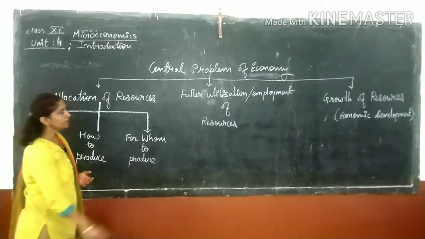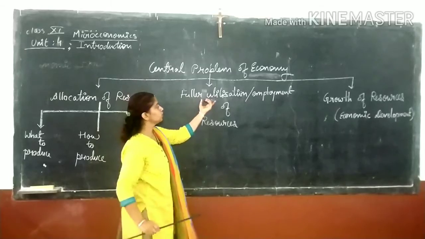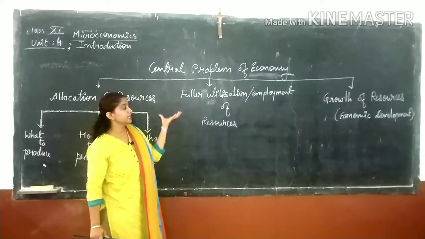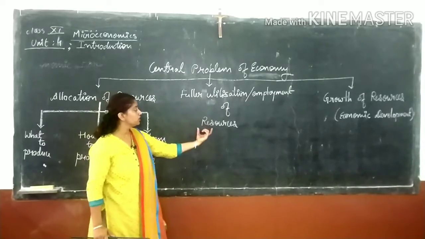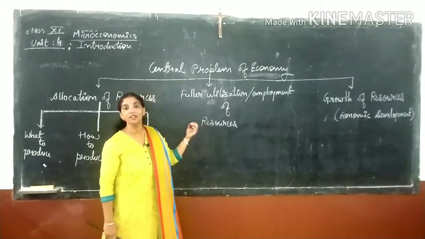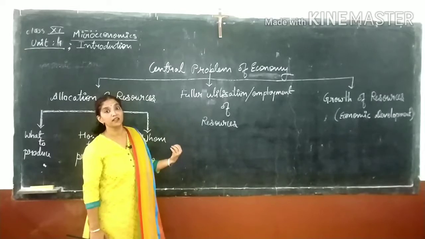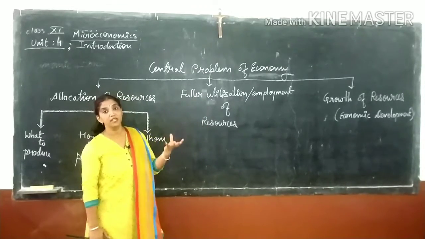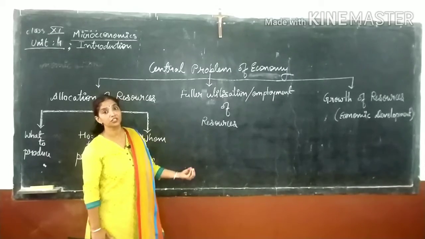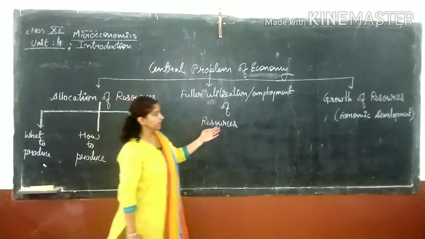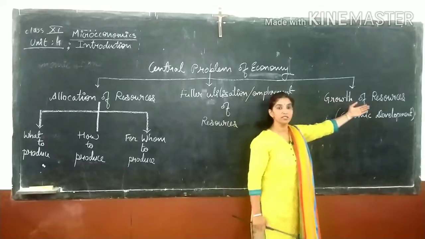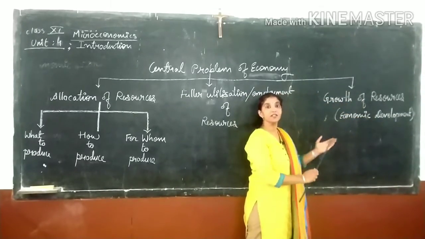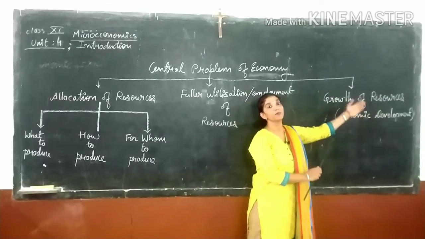Fuller utilization refers to maximization, using resources maximally. We should use the resources in such a manner so that we can obtain the maximum satisfaction from those resources, or we can achieve the maximum production from them. And the third problem, growth of resources, means that with the same available resources, we have to increase the area of production.